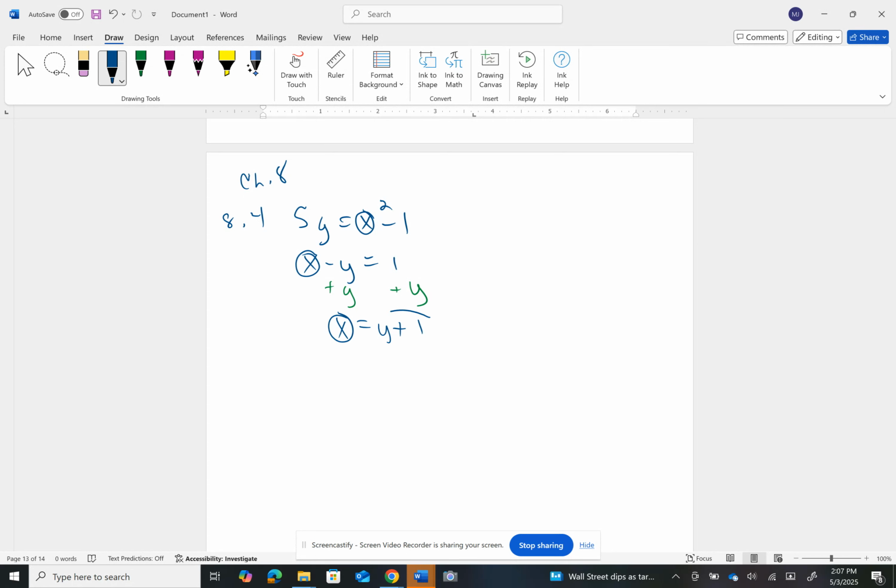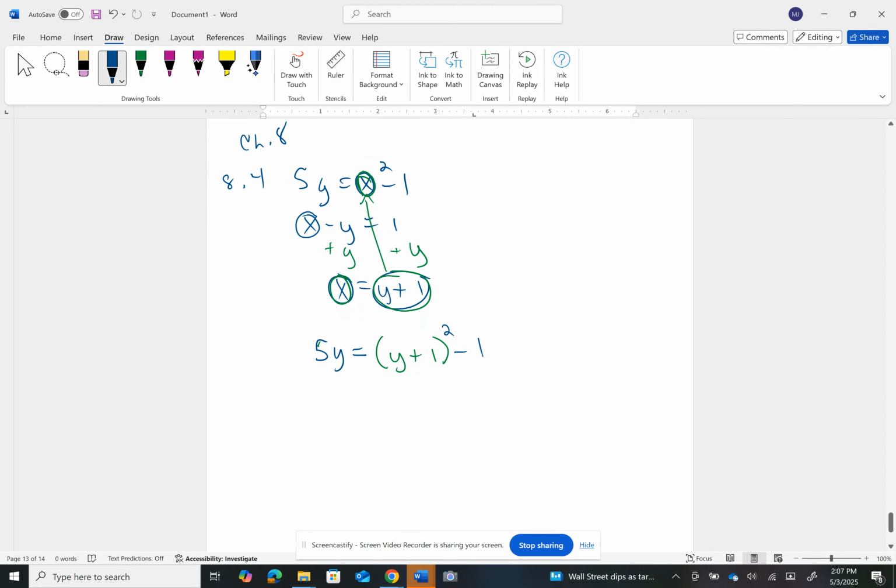Where the x is, I'm going to replace it with y plus 1. So that would be 5y equals, and right there where the x used to be, I'm going to put a y plus 1. It'll need to get squared, minus 1.